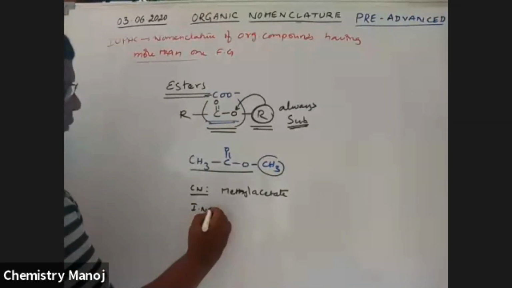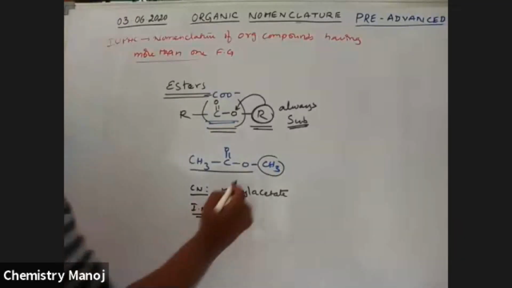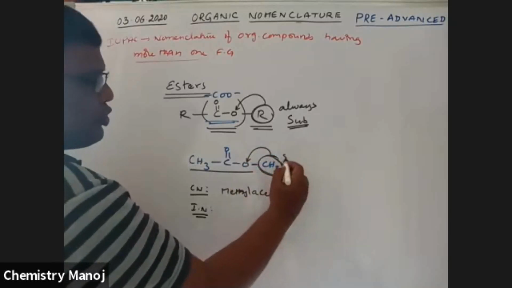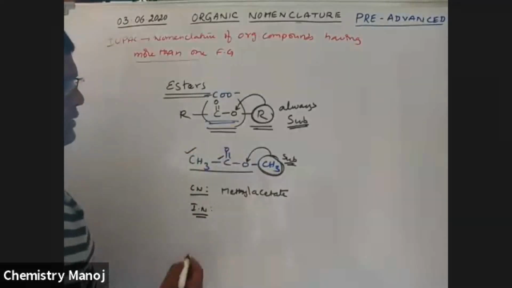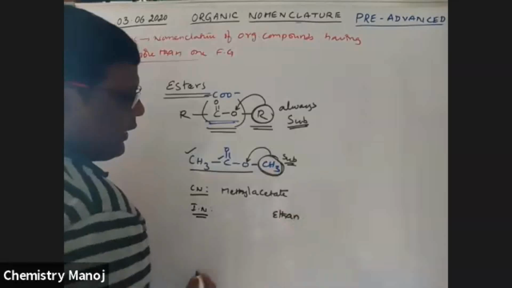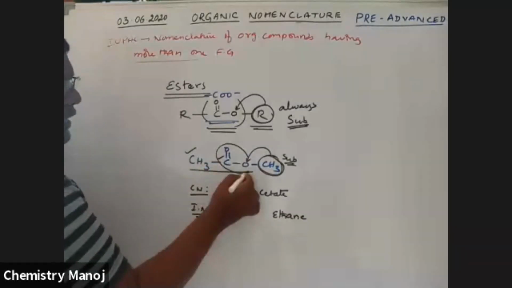Now the IUPAC name. The alkyl group attached to oxygen is a substituent. So this is one carbon, two carbons, so ethane. But the functional group COO is there.